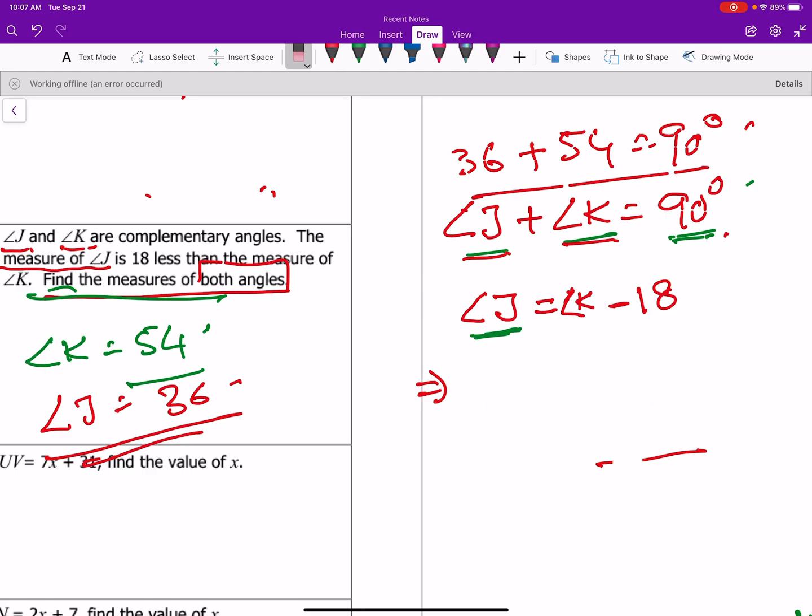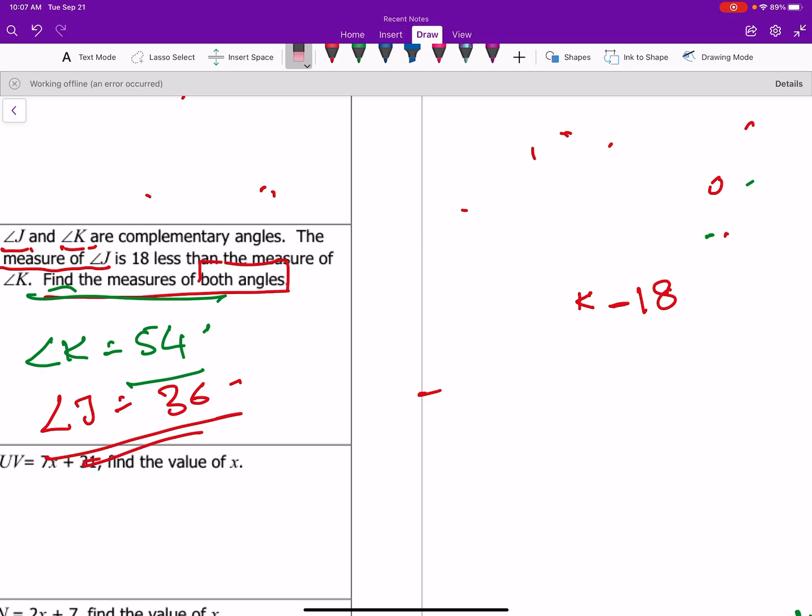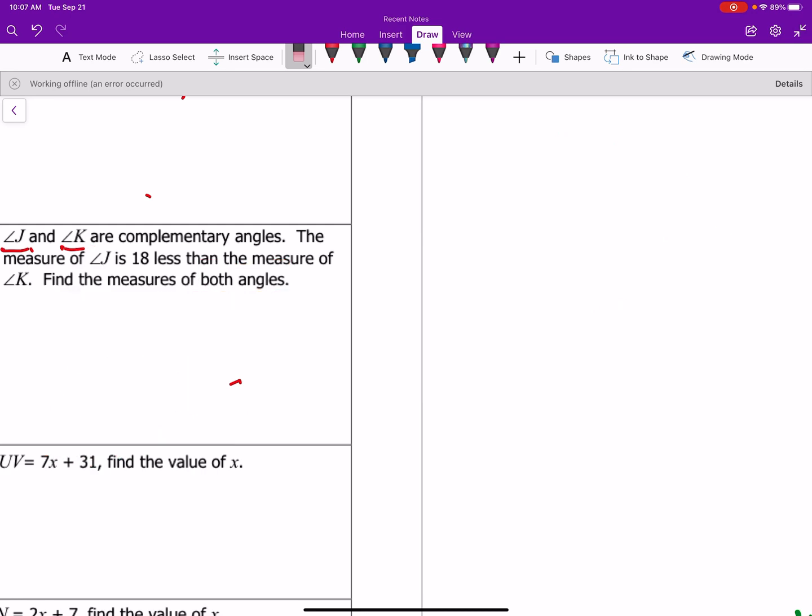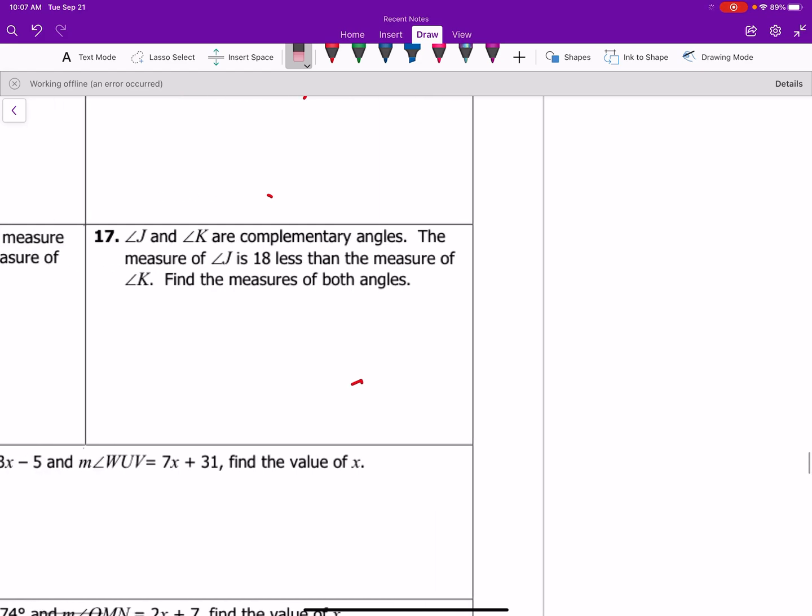All right. Now, I would like to show that if somebody is not feeling comfortable putting j and k in the equation, they can say angle j represents x and angle k represents y, or any other variable.